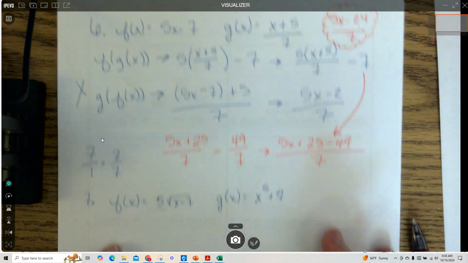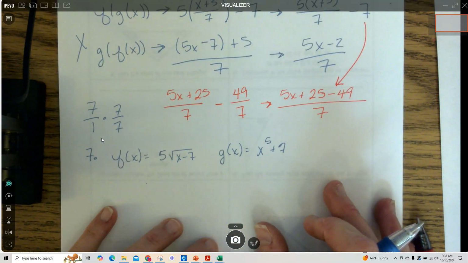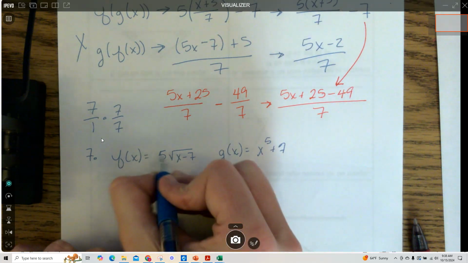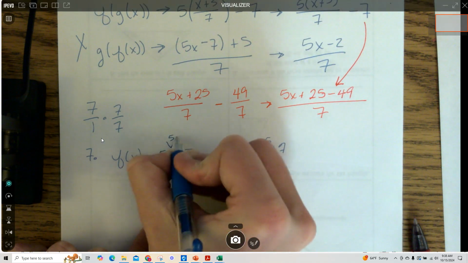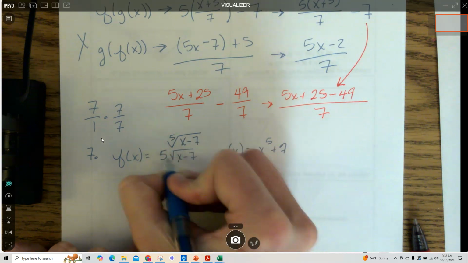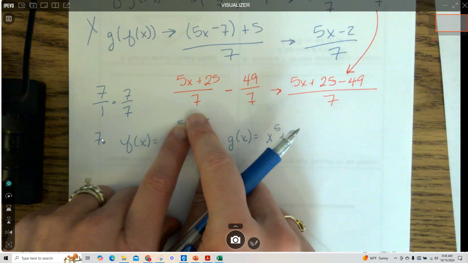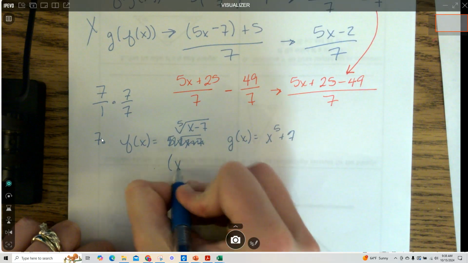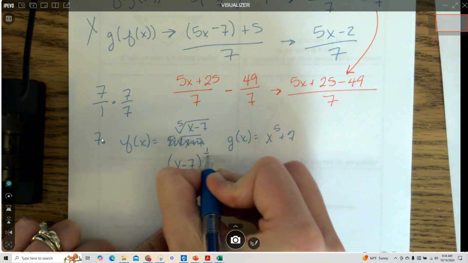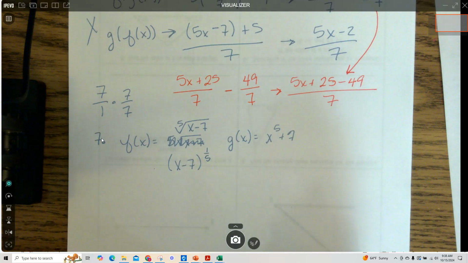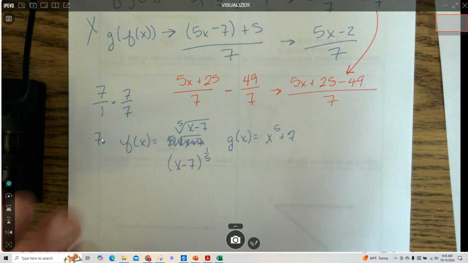Is it a cube root, or a fifth? Is it written like this? Yes. Okay, that makes a difference. All that means is x minus 7 to the 5th. To me, my eyeballs see it better written this way.